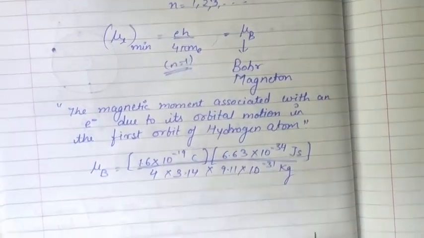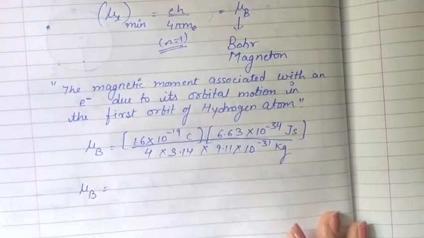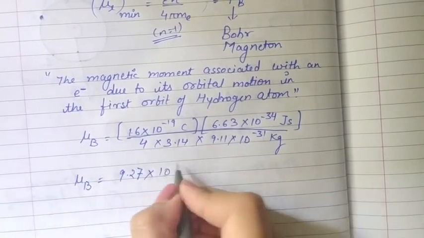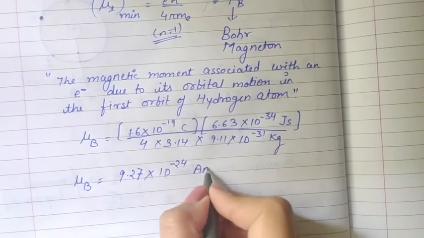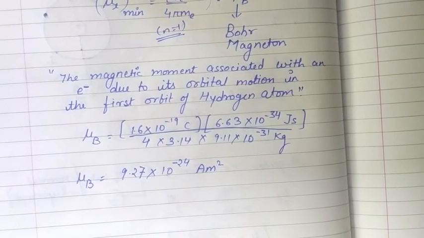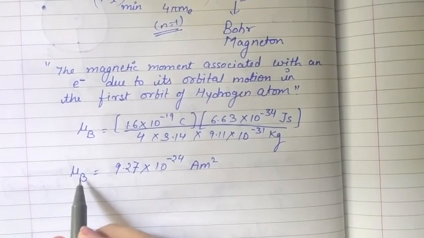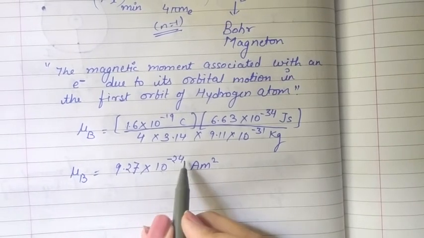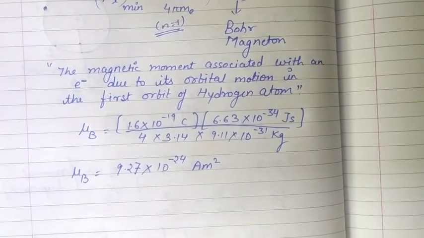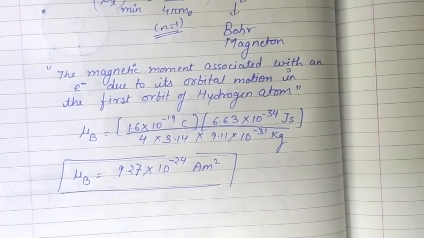On applying all these values, we get the value of Bohr magneton equal to 9.27 into 10 to the power minus 24 ampere meter square. The unit is ampere meter square because it is actually a magnetic moment. The minimum value of magnetic moment is called Bohr magneton. So the value of mu B is 9.27 into 10 to the power minus 24 ampere meter square. This is the value of Bohr magneton.